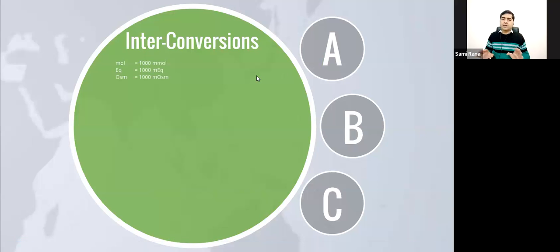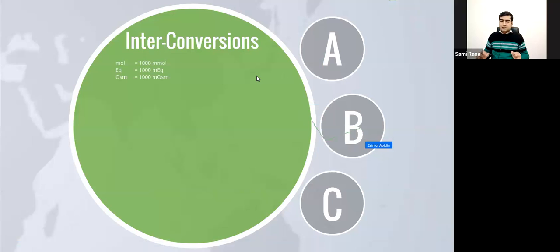So it's just like the unit of gram and milligram. That's it. Most of the time we will be dealing with millimoles, milliequivalents, milliosmoles, because these are the quantities we actually use in medications. Moles not so much. Maybe in your questions we will see both of these, moles and millimoles.